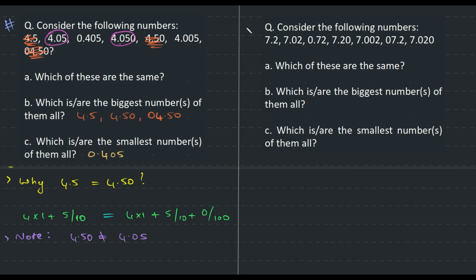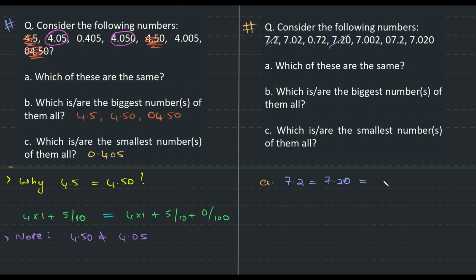Okay, can you guys try a similar one? We have a similar question. So 7.2 is the same as 7.20. After the decimal, if you write a number, you can put any number of zeros after that, it will not change. So that's why these two are the same.